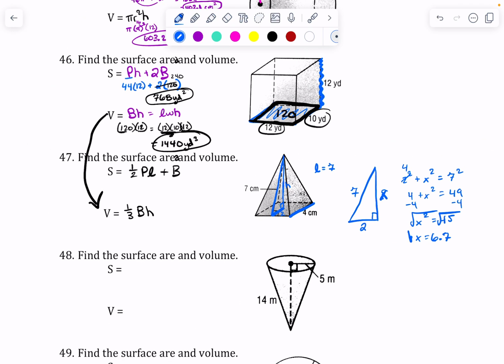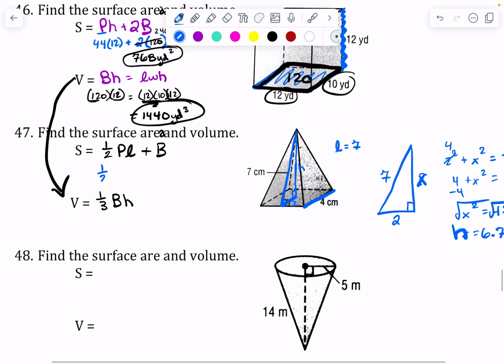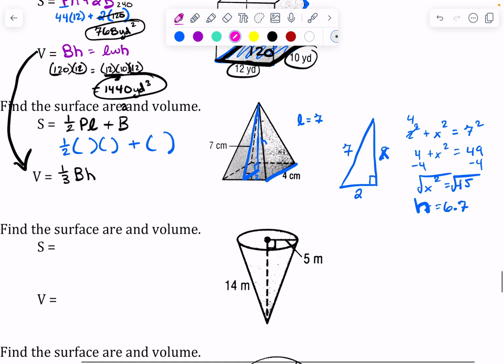Okay, so regular height is 6.7. Okay, so let's start plugging stuff in. 1/2 capital P times L plus capital B. Capital P is the perimeter of the base, so it's all of these together added. If all of them are 4, 4, 4, 4, that's going to be 16.